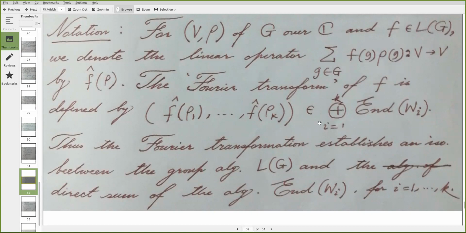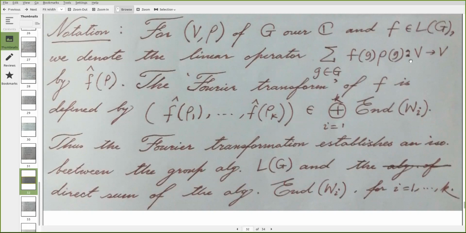Once we write everything in this notation, f going to this tuple is an isomorphism between the group algebra LG and the direct sum of endomorphism algebras.